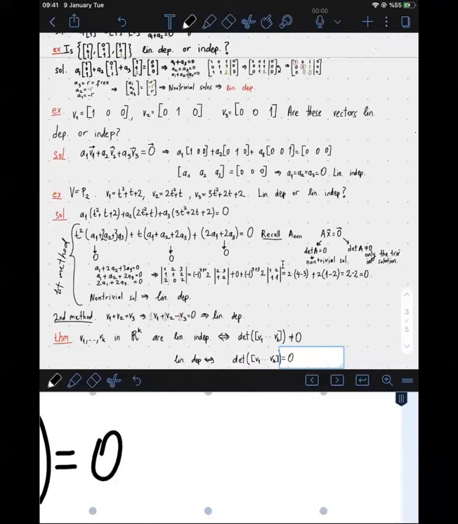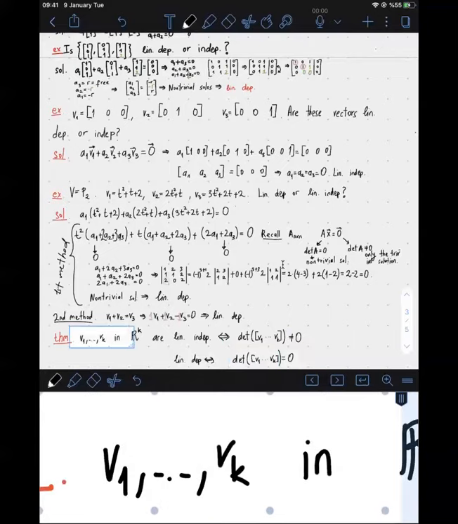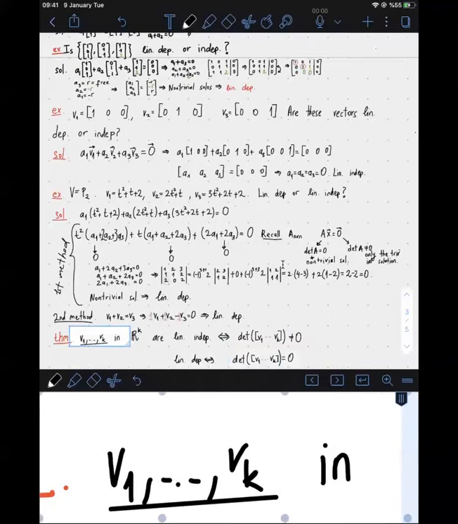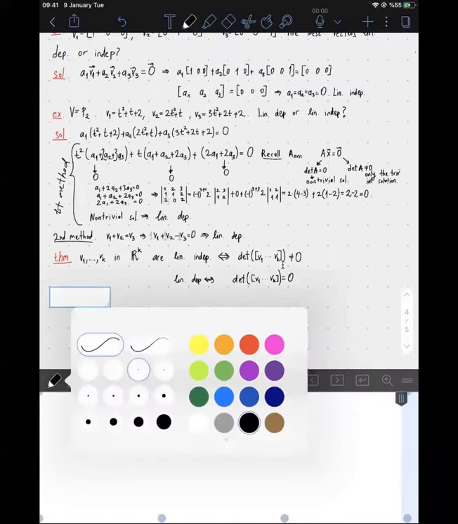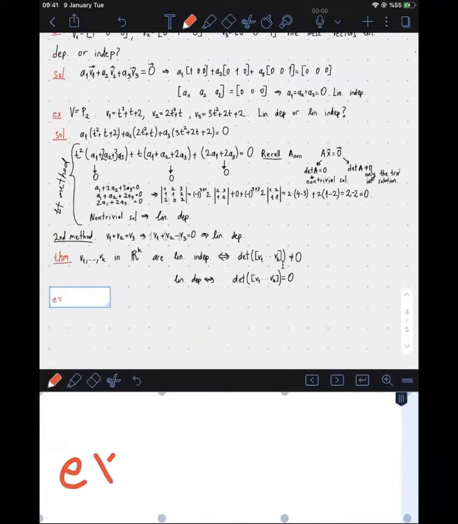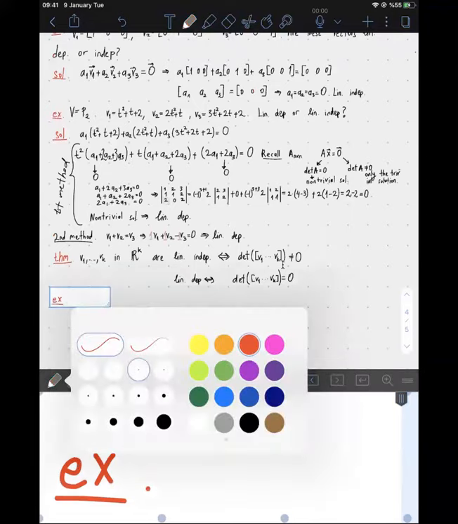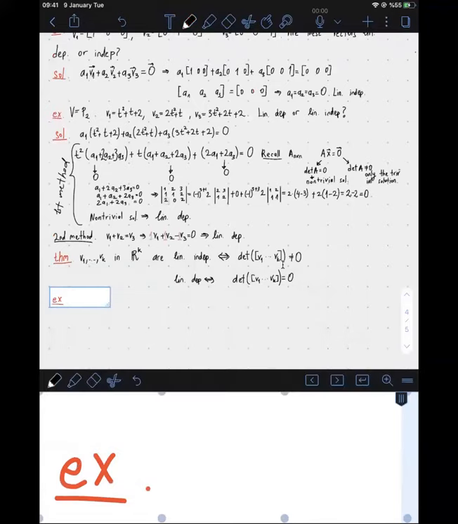So there are really two cases. This is only true for k vectors in Rk. Let me give you another example, from R3.